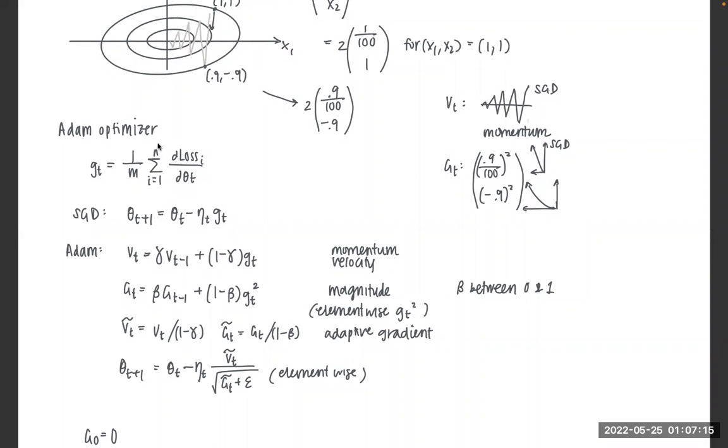And then we average over all the training examples in this mini batch. We call this g_t. Then stochastic gradient descent is to update theta by going along the direction opposite of the gradient direction, so minus eta_t times g_t. So g_t is a vector of all those derivatives evaluated at theta_t.